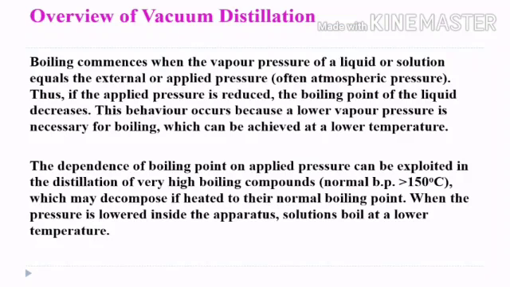So, separation of such compounds from the mixture is difficult. In order to boil such a compound, heating to high temperature is an inefficient method. Therefore, the pressure of the surroundings, that is, the pressure inside the apparatus, is reduced.